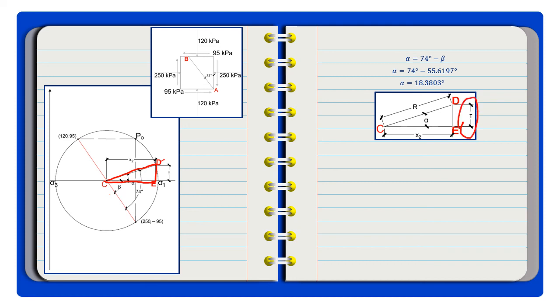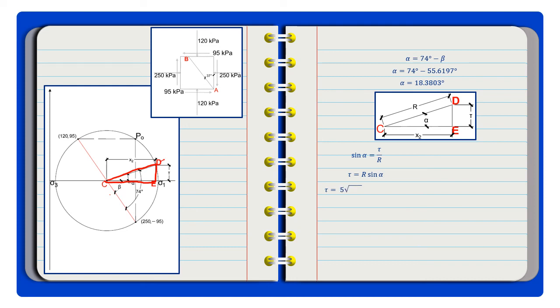Remember, given na tayo ng R, and kakukuha lang natin ng value ng alpha. So, to get the value of tau, we need the sine function. So, sine of alpha is equal to tau over R. Since tau yung hinahanap natin, we will have an equation. Tau is equal to R sine alpha.